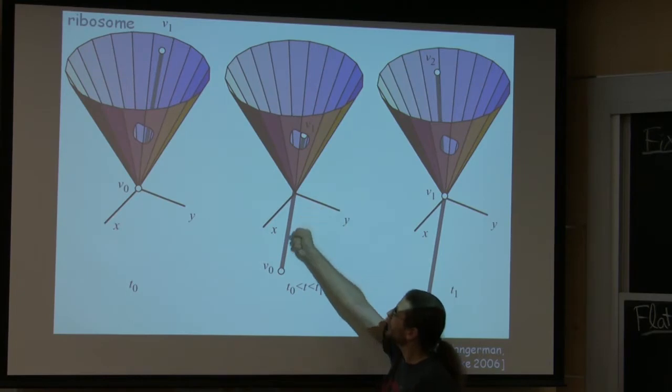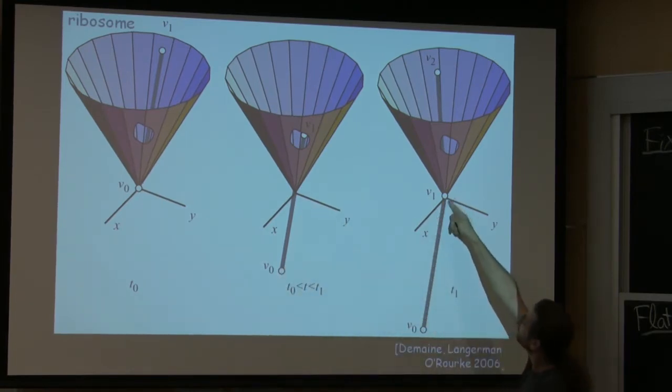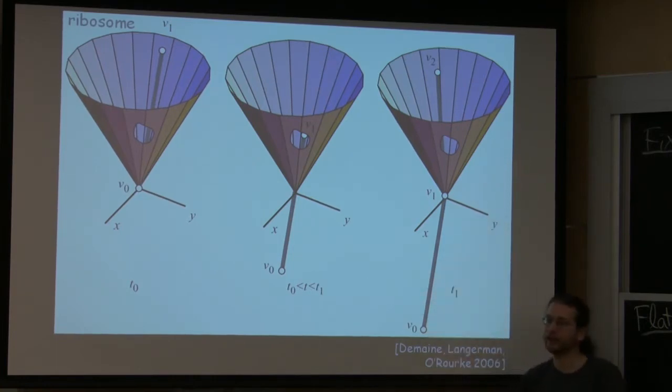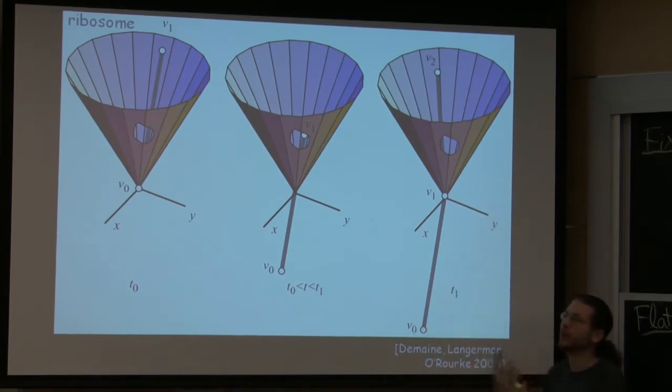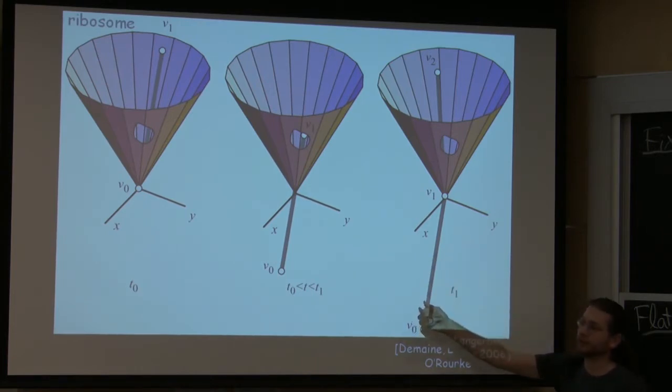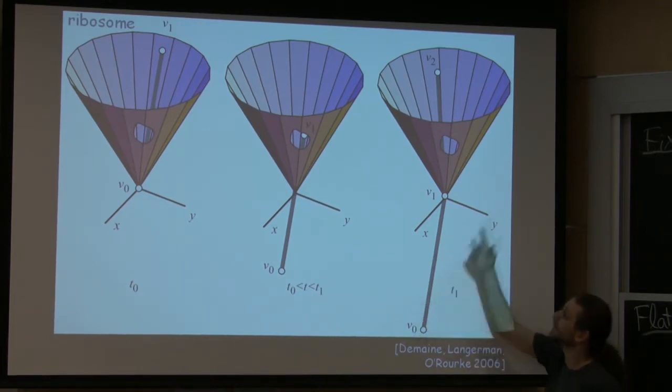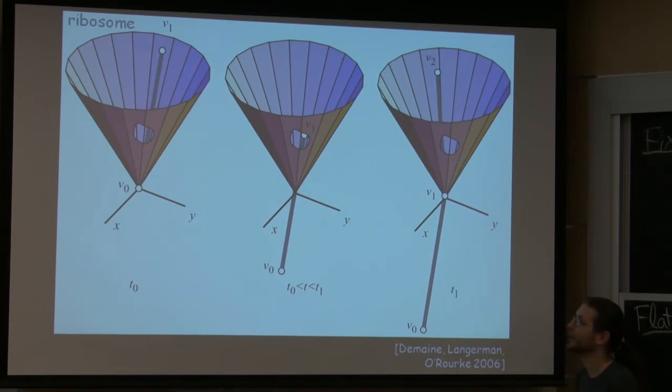So the edge comes out, and as soon as the end point of the chain reaches here, then a new link is created. This is a very simple model for how a chain can come out of a cone without worrying about what's happening inside the cone. Imagining everything's totally free, you can allow self-intersection in the cone, who knows what. But once you come outside the cone, you're not allowed to self-intersect, and you're not allowed to intersect the cone. Once you come out, you can't go back in.